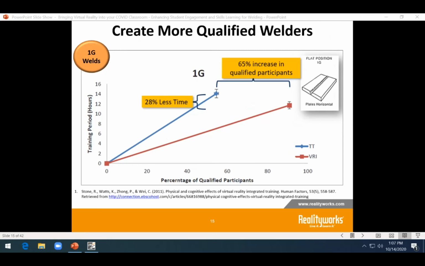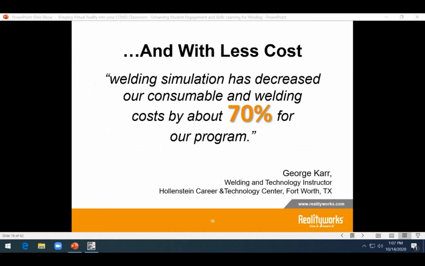So we can see that not only can welders gain knowledge, understanding, and skill because of virtual reality, we also find that it can cost less. It costs less because that upfront user is not wasting materials, consumables, and welding metal.